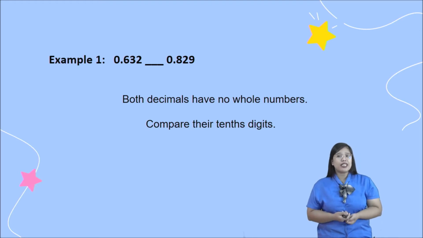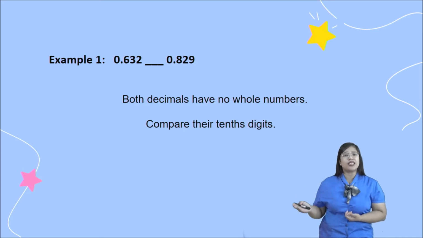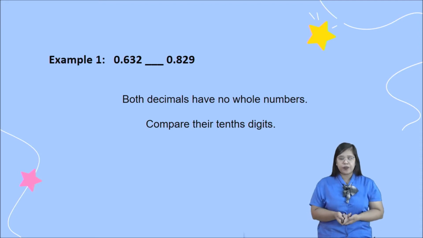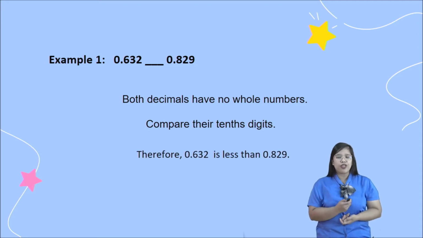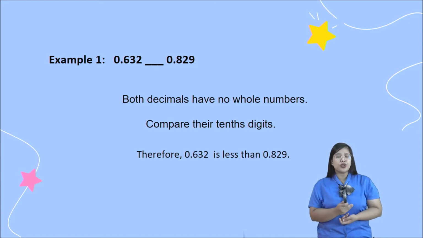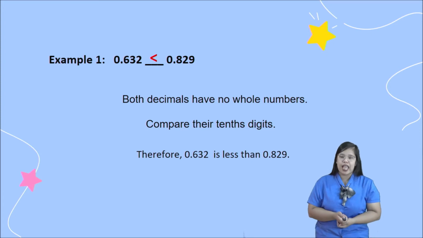As you can see, kids, the number on the left side is smaller than the right side, so we will be using less than. Therefore, 0.632 is less than 0.829.